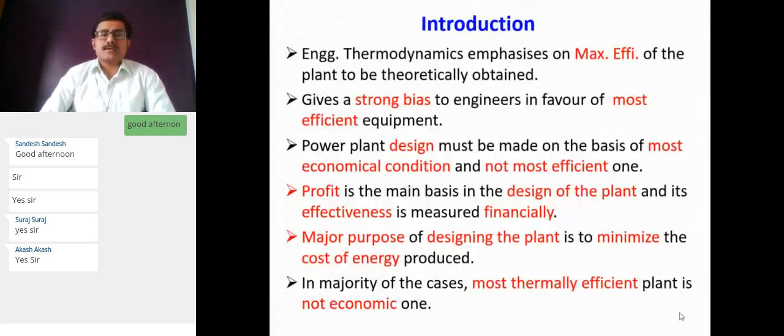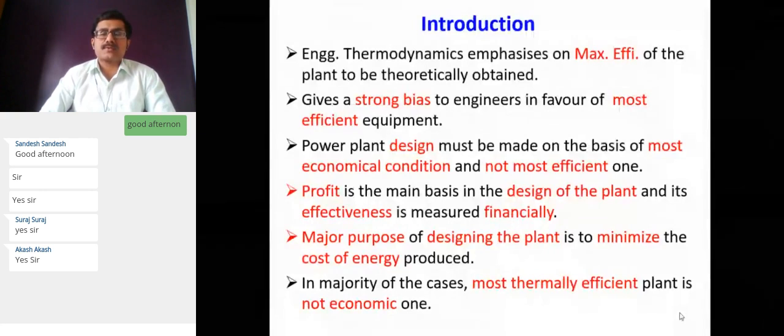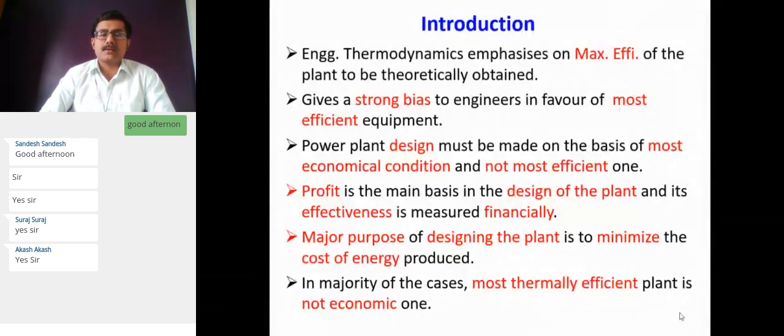As the focus is on maximizing efficiency, we are concentrating on the different equipment or auxiliaries used for the operation of that cycle or power plant. One cannot say in a tentative manner that the most efficient plant is the most economical one.